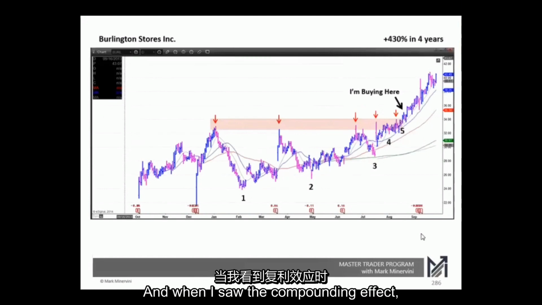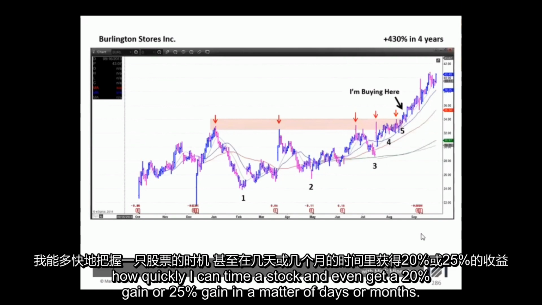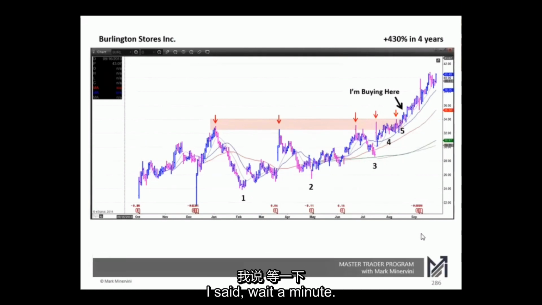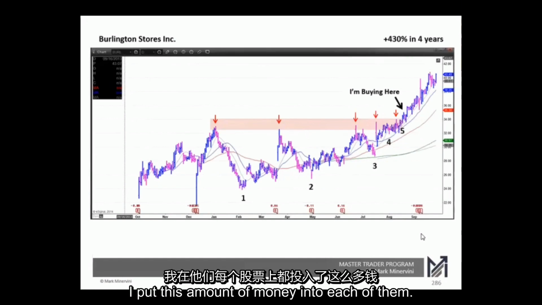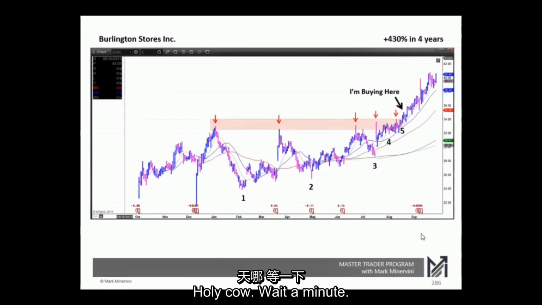Yeah. And when I saw the compounding effect, how quickly I can time a stock and even get a 20% gain or 25% gain in a matter of days or months, I did the math. I said, wait a minute, if I get 8 of these in 1 year, and I put this amount of money into each of them, holy cow, wait a minute, is that right? 250%.